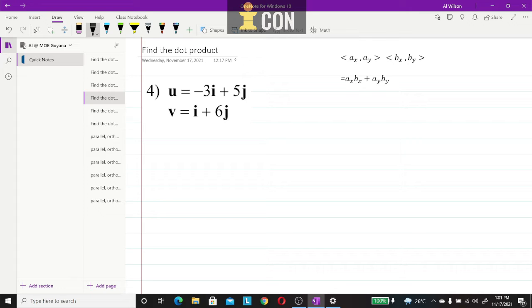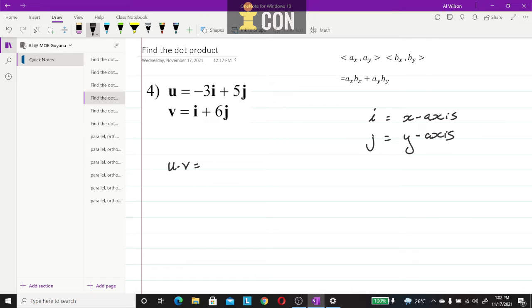Number 4. As you notice, the dot product is fairly simple to solve. So again, just remember that it's the x's multiplied, and you're adding it to the multiplication of the y values. So here we have it with our i's and our j's. So simple reminder, i is in relation to the x axis and j is in relation to the y axis.